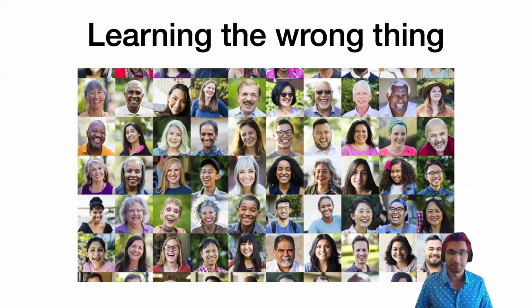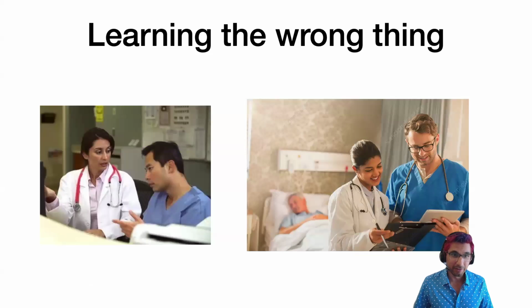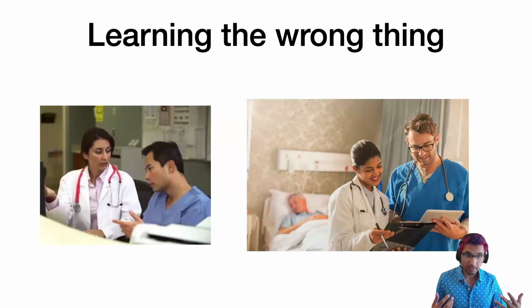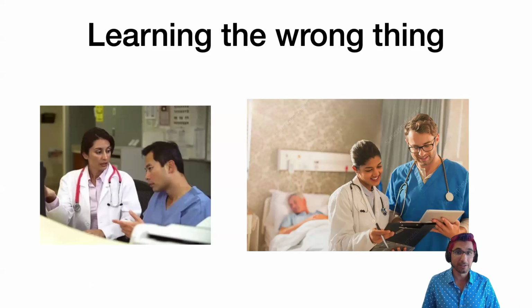And this sort of thing happens in more obvious ways as well. If your training data has lots of women who are nurses and men who are doctors, then if you try to identify who's the doctor and who's the nurse, it might get things wrong if it sees people in unfamiliar roles. And of course, this is exactly what humans do too. If humans have a lot of experience with male doctors and female nurses, and they're not used to understanding what uniforms people wear, they might misinterpret who is in which role in these images as well.